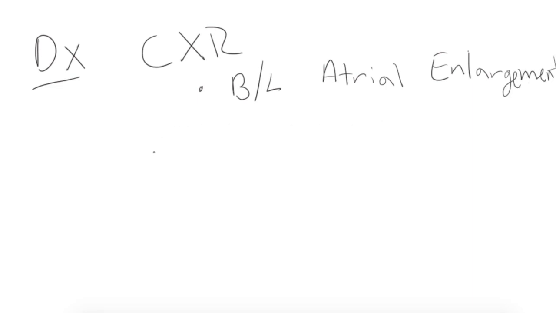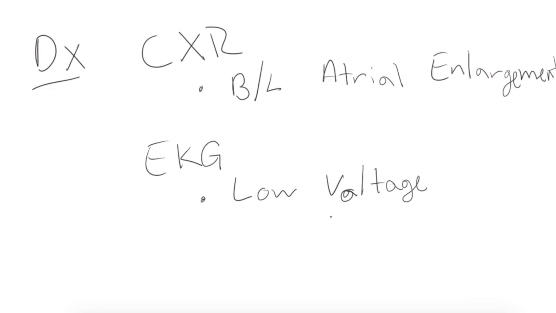Okay, and you can also do an EKG. And in EKG, you'll more than likely see a low voltage. And as far as the low voltage, you may notice it more in the inferior leads.